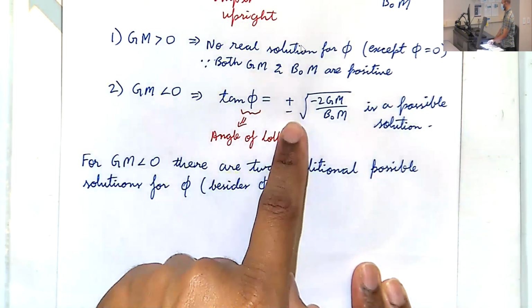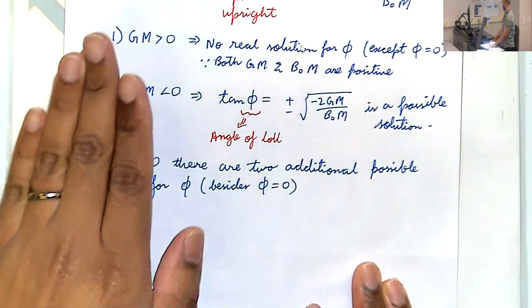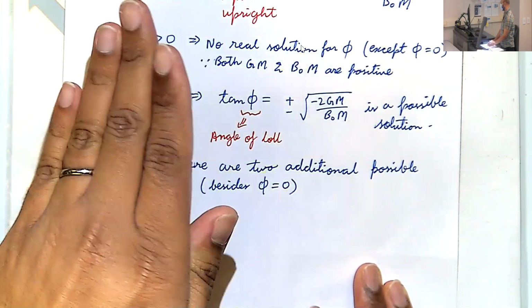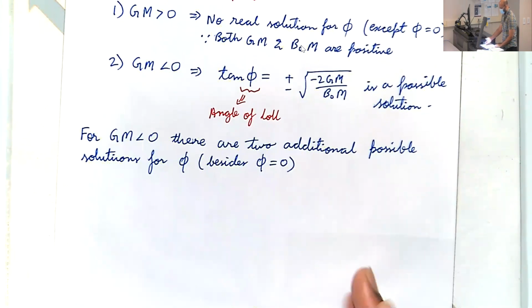Remember, there's a plus and a minus, so we can heel either direction. So you heel one way is plus, heel the other way is negative, but the magnitude is the same.